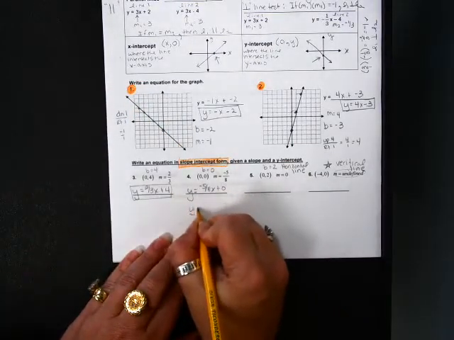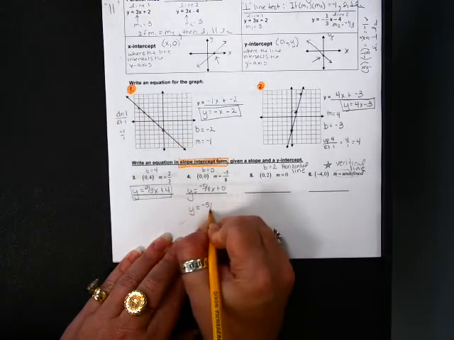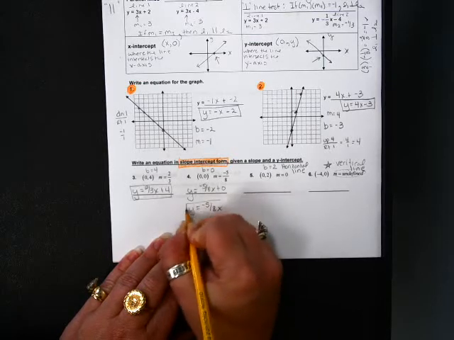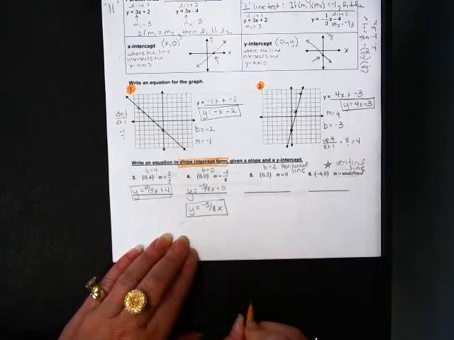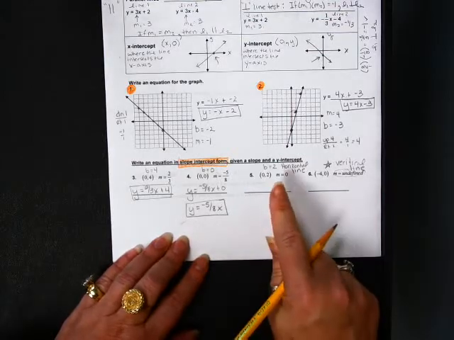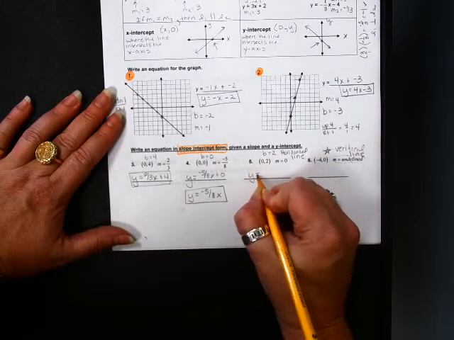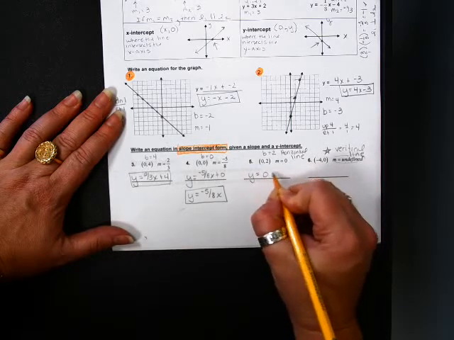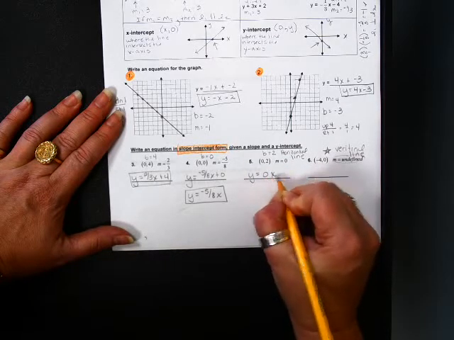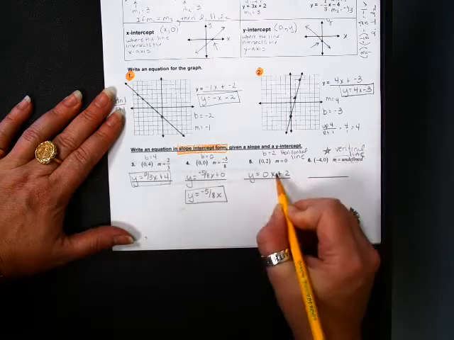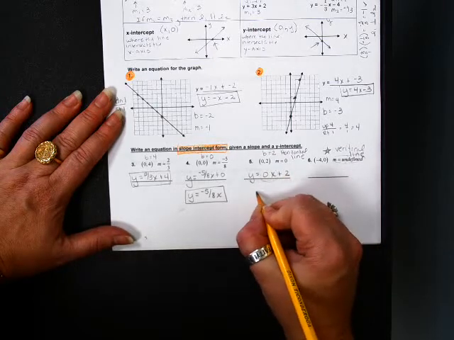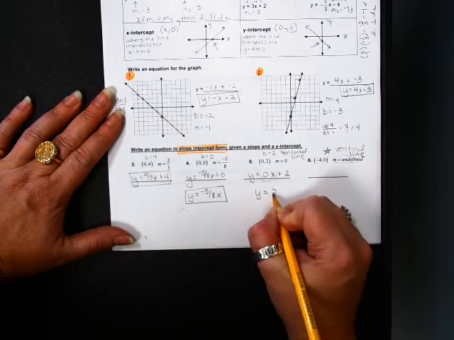We just let that drop off. And my most simplified form would be this. y equals -5/8 x. This one here is going to be y equals 0 times x plus 2. That would drop off to simplify it, so it's just y equals 2.